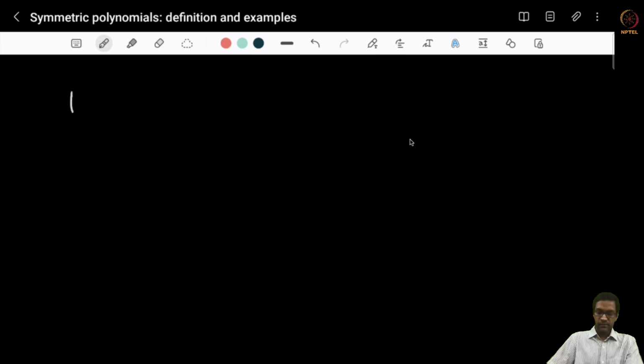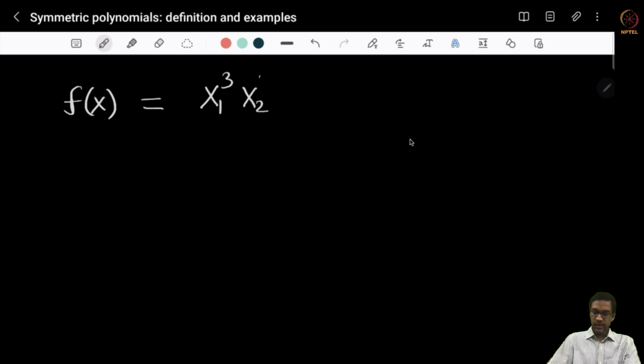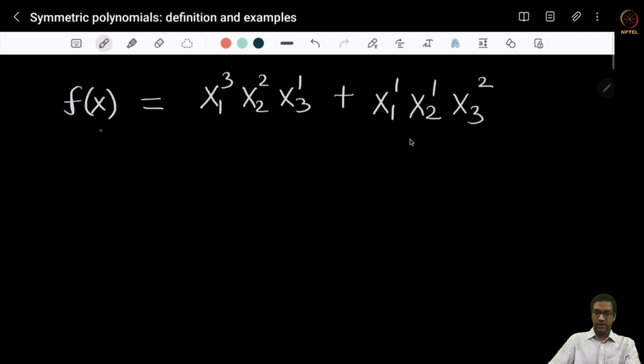Here's a simple example. So we could take the polynomial f of x to be x1 cubed, x2 squared, x3 power 1, plus x1 power 1, x3 squared. Now notice I use just the variable letter x here. So x here already is a shorthand for the tuple x1, x2, x3.